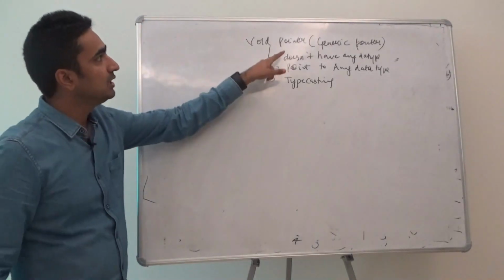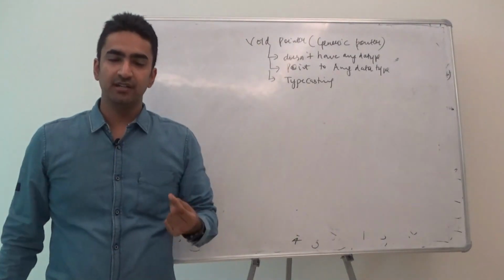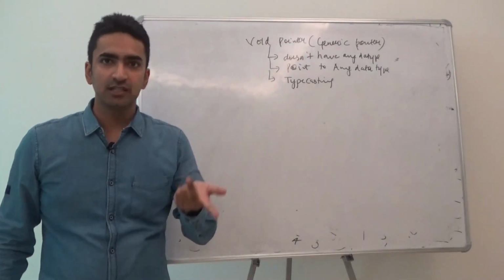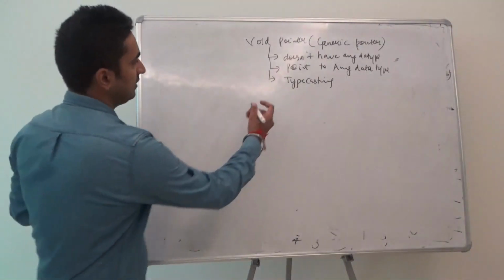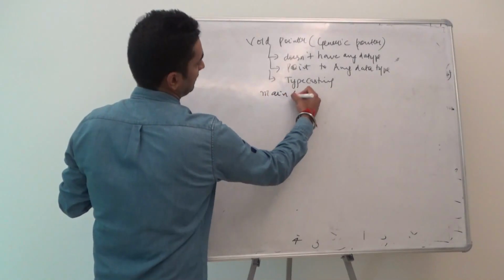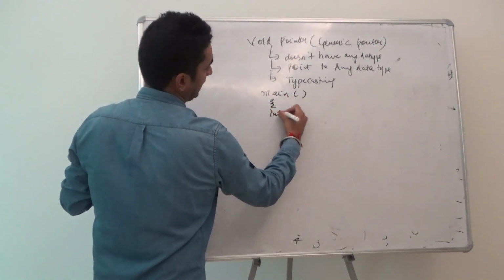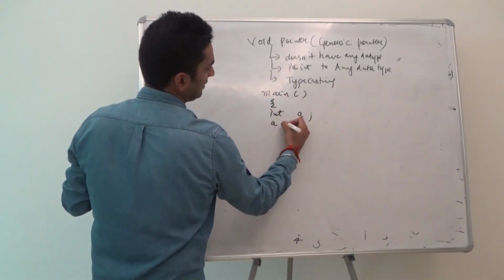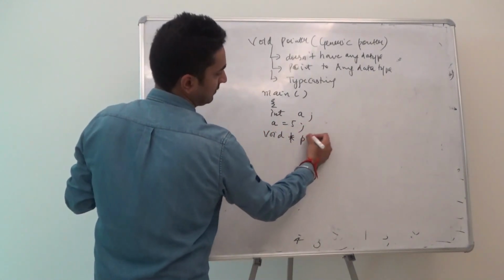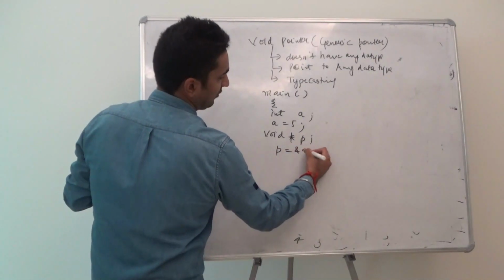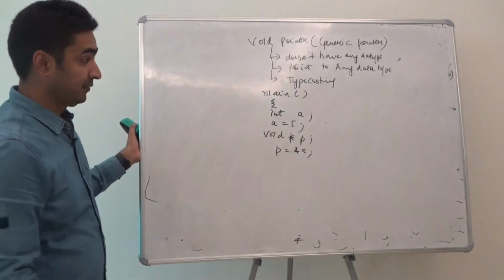So we'll start with what is a void pointer. Void pointer is a pointer. Pointer is always a variable that points to another variable. So I'm just writing main and I write int a is equal to 5 and void star p is storing the address of a. This is definitely possible, right?